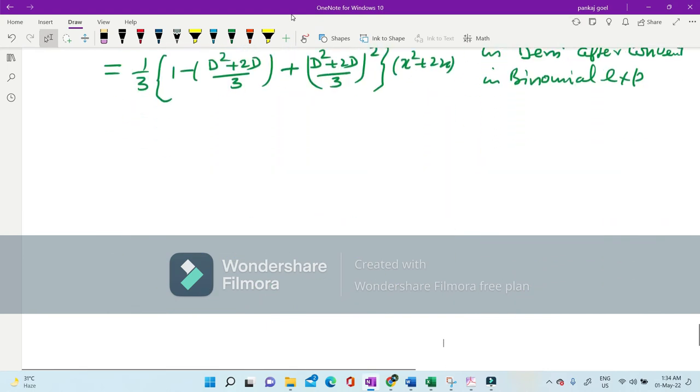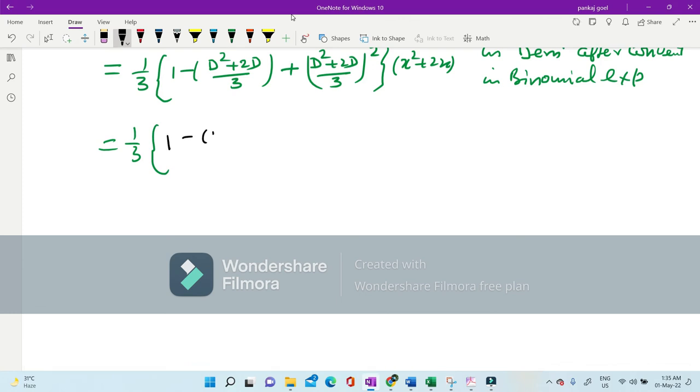We can write this as 1 upon 3 times 1 minus (D square plus 2D upon 3). Take only the second degree term from this third term: this is 1 upon 9 and the second degree term is only 4D square. The rest will be 0 due to the degree of the polynomial.